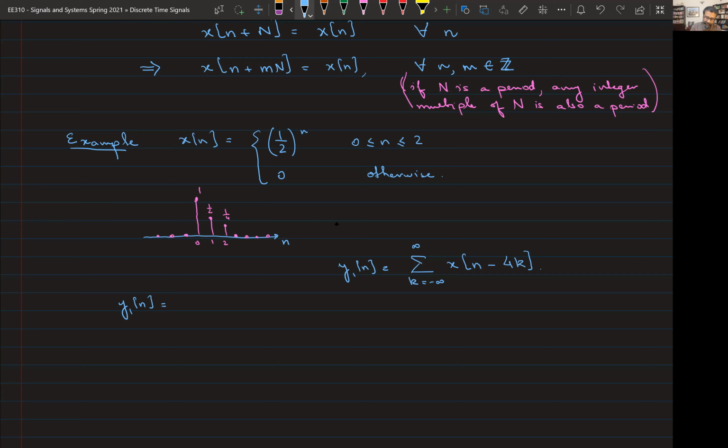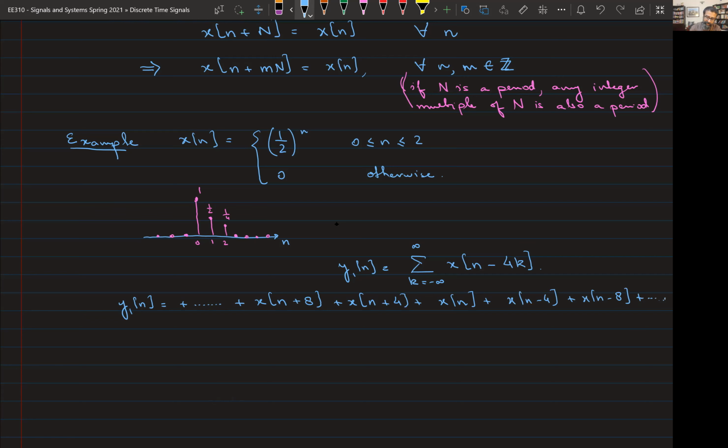So if I were to write out what's really going on, this would be x of n. Let's say I start from k equals minus 2. So this is plus 8, plus x of n plus 4, plus x of n, plus x of n minus 4, plus x of n minus 8, and so on and so forth, all the way up to infinity.